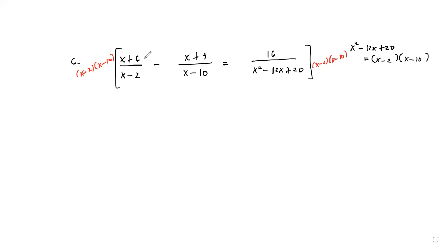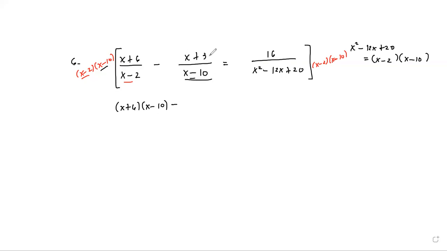Okay, so for the left side, LCD multiplied to the first fraction here, x minus 2 will cancel out. So that implies that x plus 6 will be multiplied to x minus 10. And then minus, for the second fraction, this means that x minus 10 will cancel out.